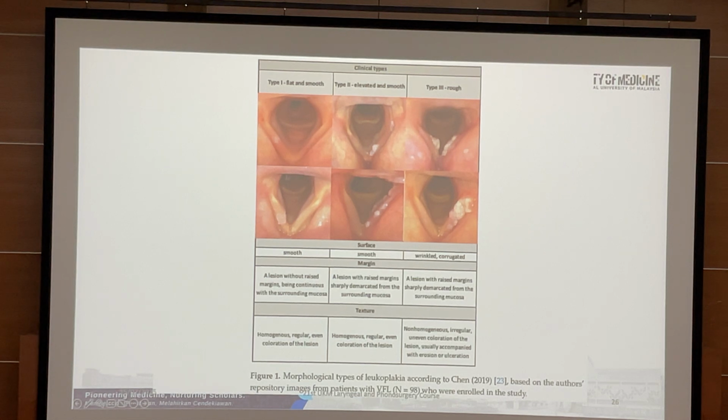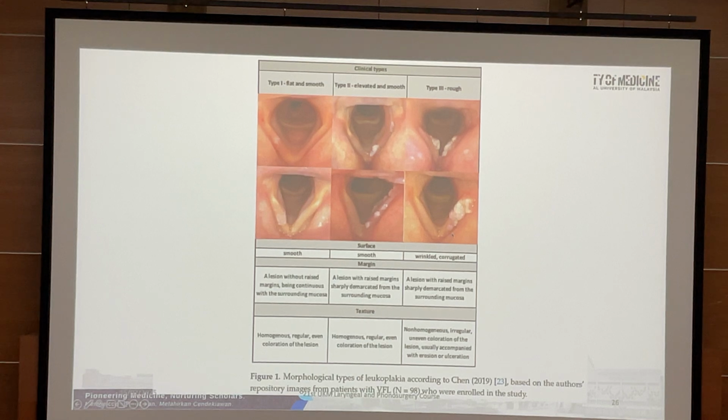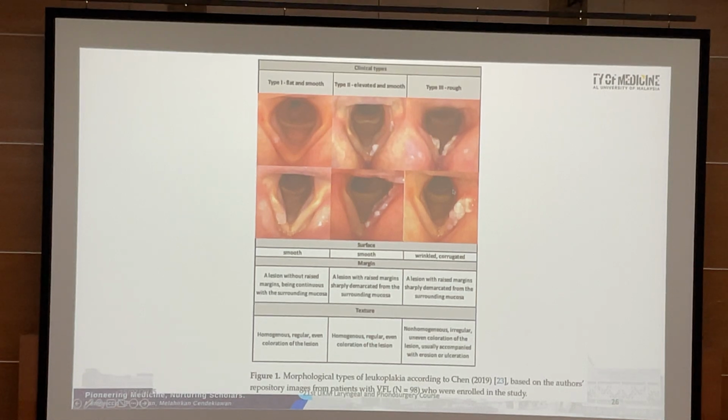Type 1 is smooth and flat. This is not high risk for malignancy. Type 2 is elevated and smooth, there's elevation, but the surface is smooth. And the other one is elevated and rough surface. Type 3 is very high risk of malignant tumor.